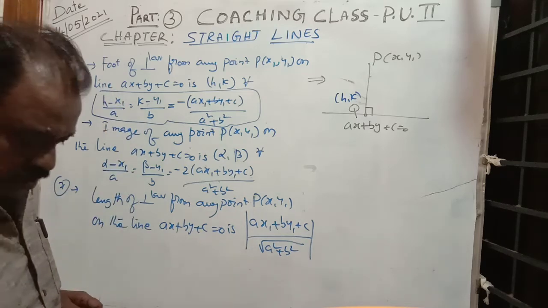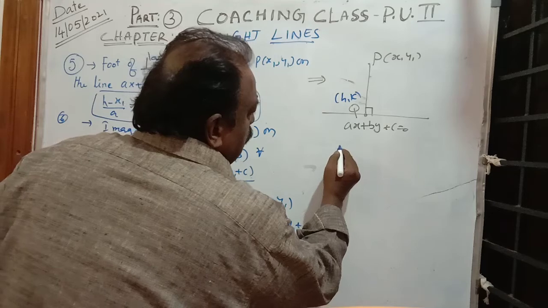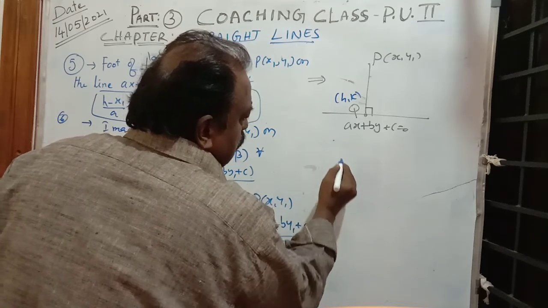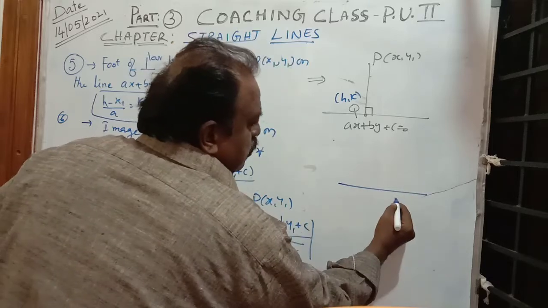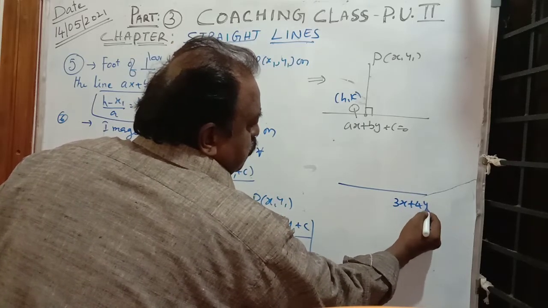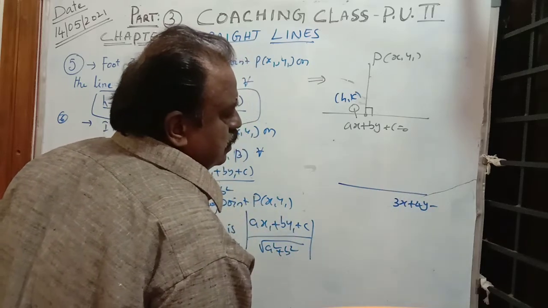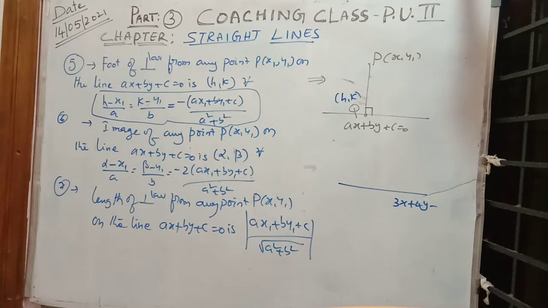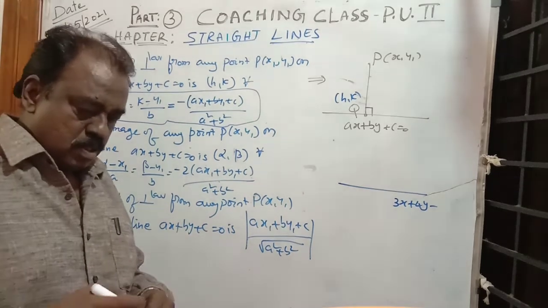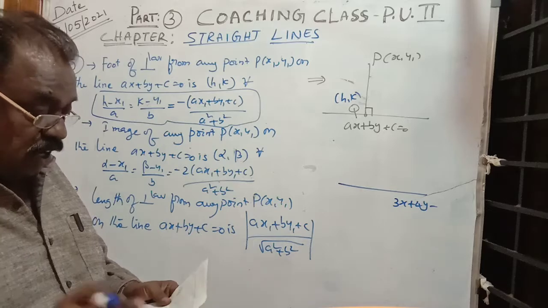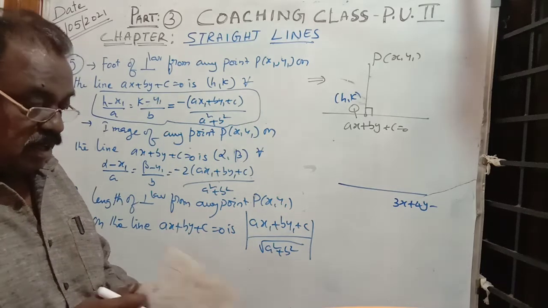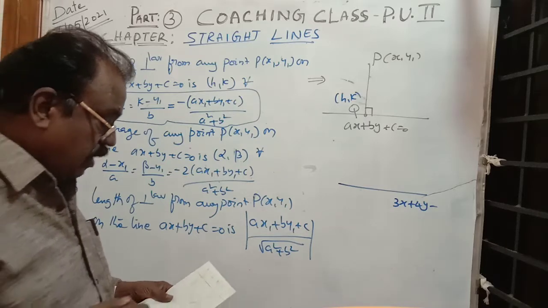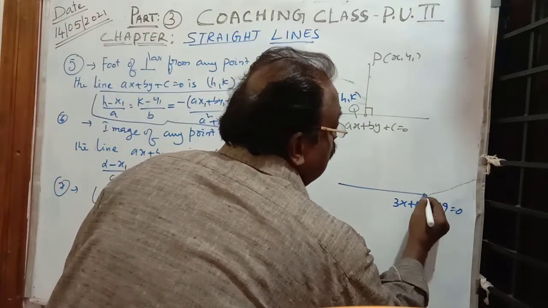Suppose we take one line. It is one example I am taking: 3x plus 4y minus 19 is equal to 0.